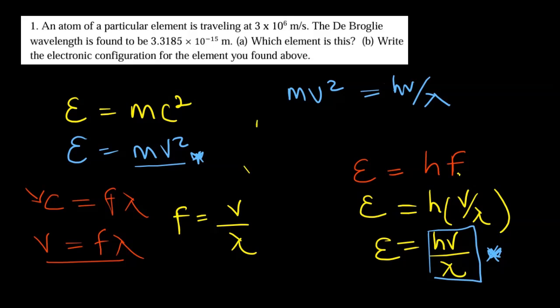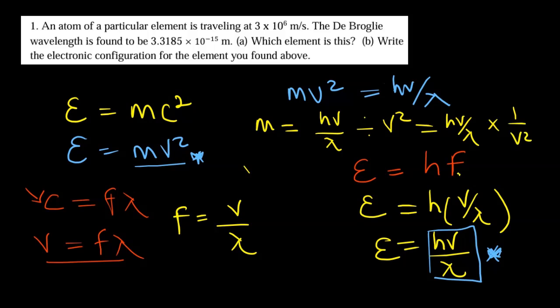So from there we can get an equation that can help us find this mass. Mass is equal to, dividing both sides by v squared, hv divided by lambda, then divided by v squared. Dividing by v squared is the same as multiplying by 1 over v squared. So the hv is still here over lambda, multiplied by 1 over v squared.